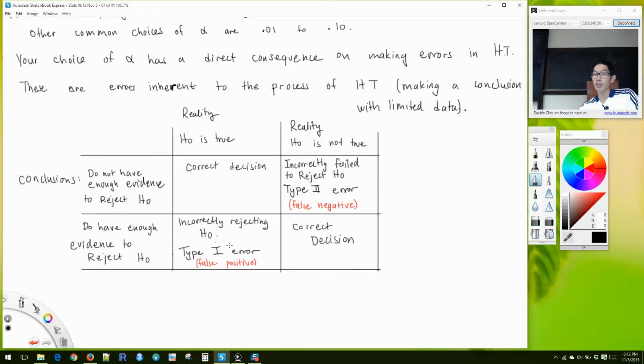So I'll be making this error less often, okay? The type 1 error, incorrectly rejecting the null hypothesis, can only happen if you reject the null hypothesis, right? And if you're rejecting the null hypothesis less often now, you're just going to be less likely to make this mistake, okay?